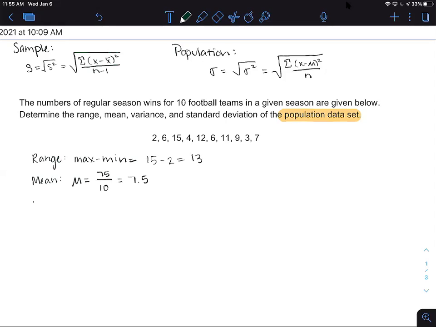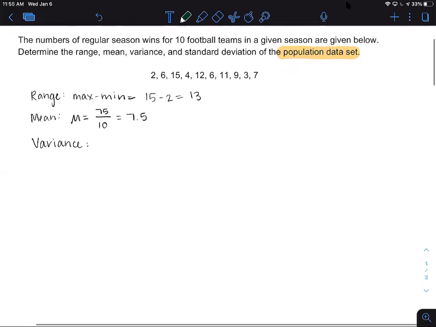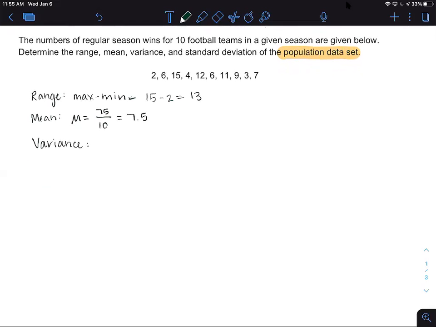And then for our variance, we're going to have to use a table. Okay. So I'm going to write out the top parts of the table just in case you don't have a graphing calculator so you remember what we're doing.